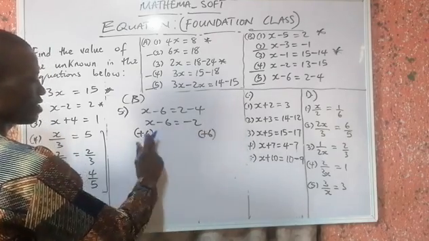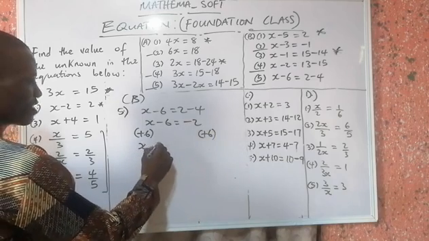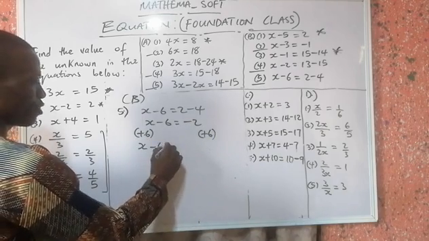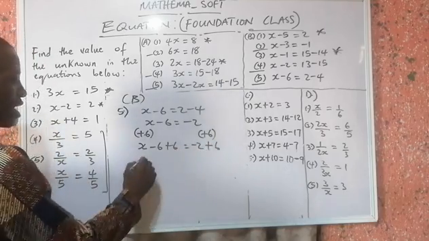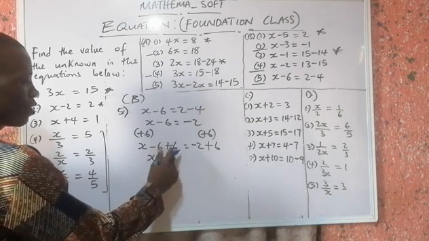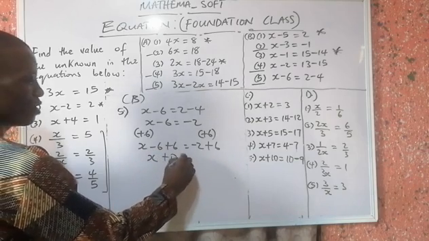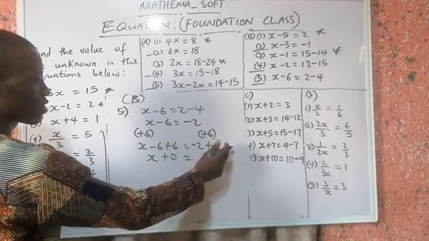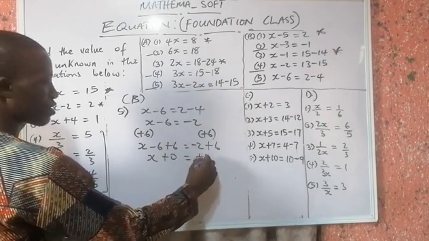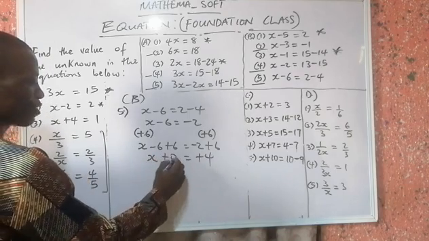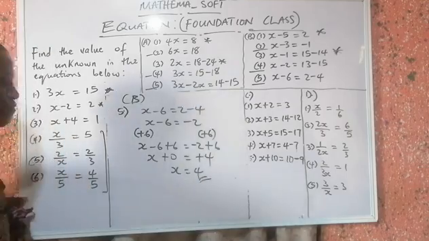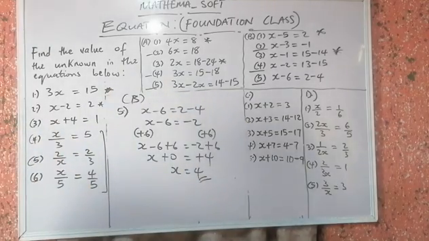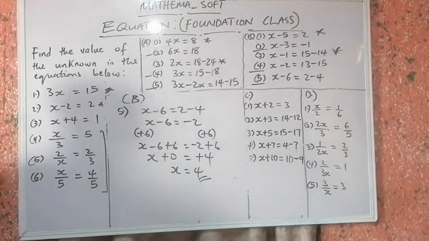So add 6 to both sides and we have x minus 6 plus 6 equals minus 2 plus 6. Minus 6 plus 6 will give me 0, equals minus 2 plus 6 will give me plus 4. And x plus 0 will give me x. Plus 4 simply means 4. So my answer in this category will be 4.